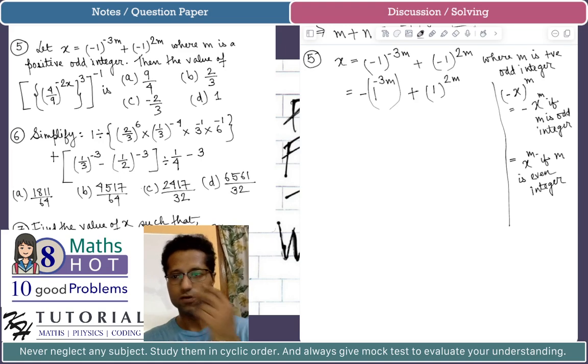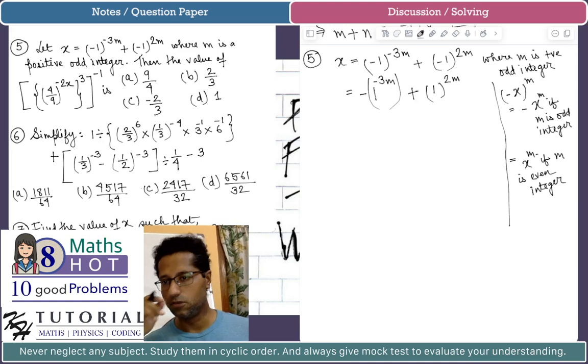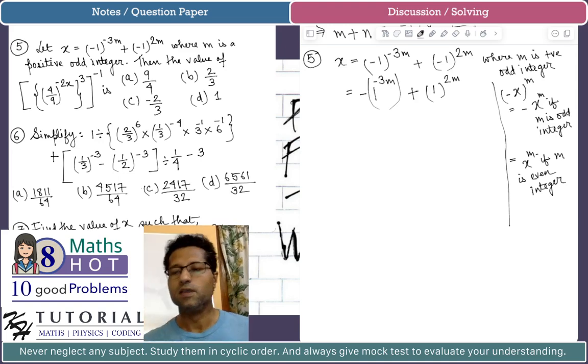Similarly, it will be equal to x to the power m if m is an even integer, positive or negative. So we have this. Now we know that the first term, 1 raised to the power any integer, is always 1.